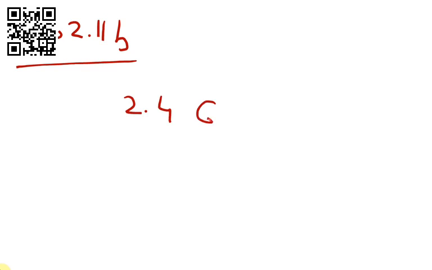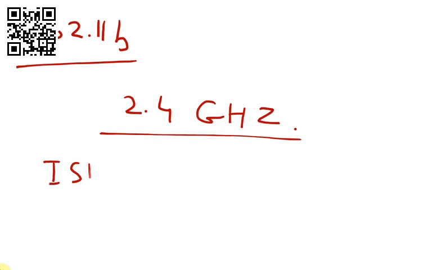And then based on the problems with 802.11a, IEEE introduced a new standard that was called the 802.11b standard, and it operates on 2.4 gigahertz frequency, and this 2.4 gigahertz frequency is called ISM.